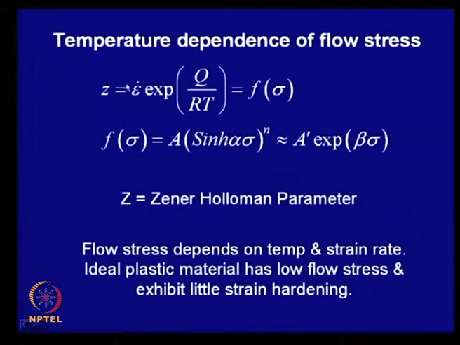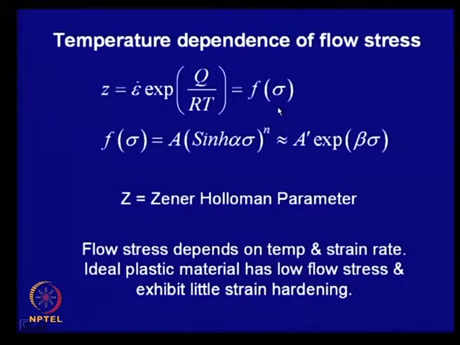Epsilon dot is that strain rate, and in the initial few slides we showed the expression for the strain rate for different types of metal working processes like rolling and forging. Now this is the expression. Now what is the nature of this function, the stress?